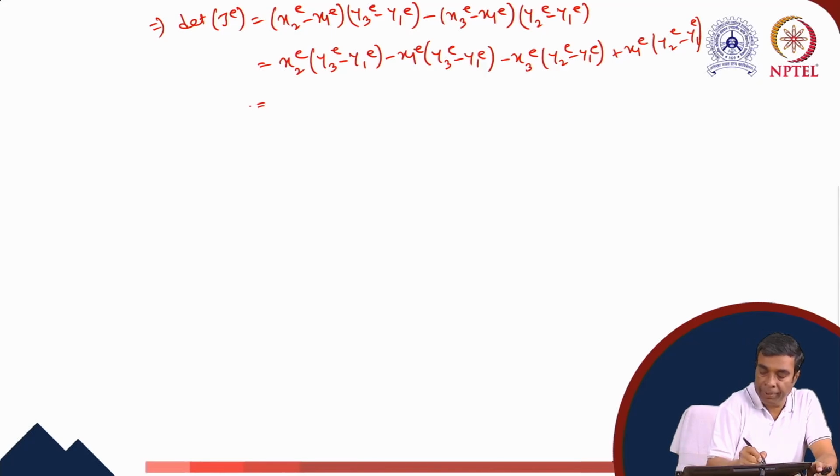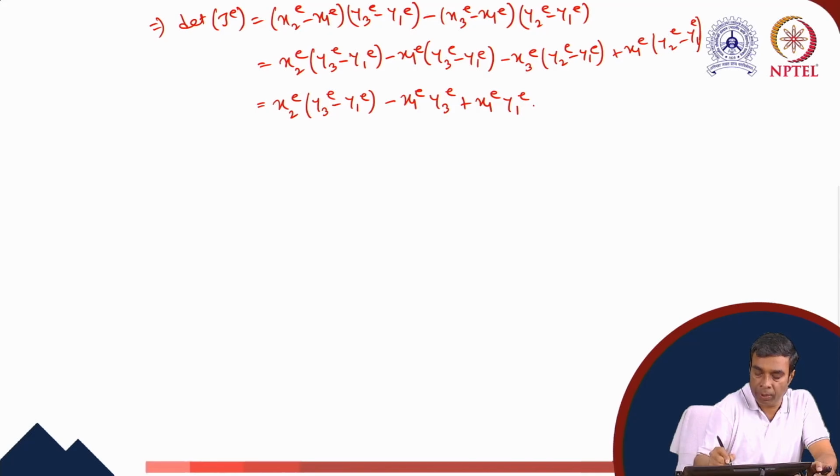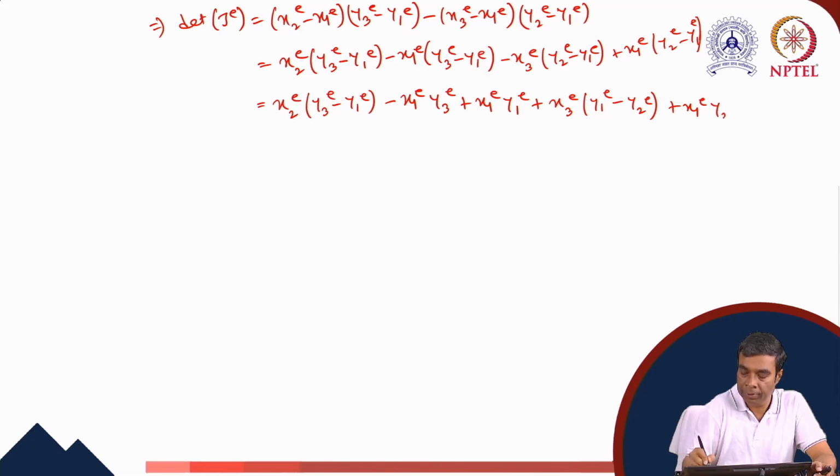So this can be written as x2e into y3e minus y1e, minus x1e y3e plus x1e y1e, plus x3e into y1e minus y2e, plus x1e y2e minus x1e y1e. Now x1e y1e terms are of opposite sign, so they cancel out.